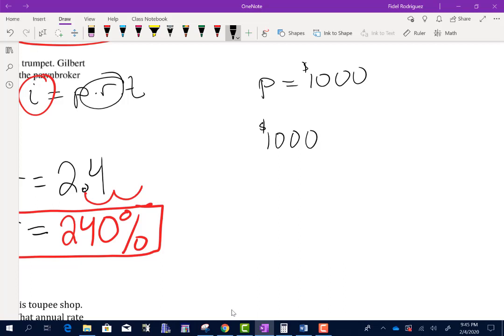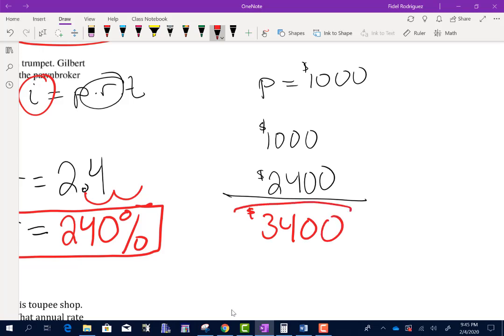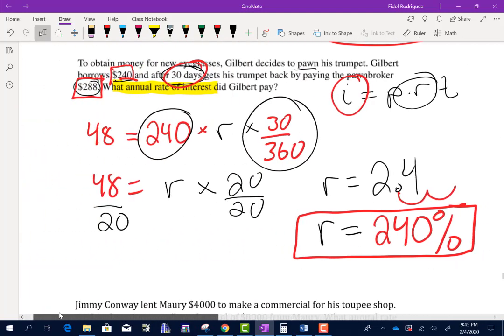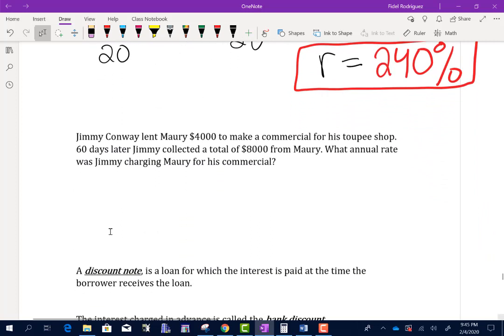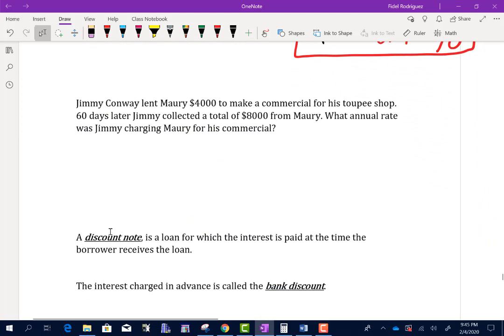In addition to those $1,000, the interest that you're going to give me is $2,400. That's just because I was nice enough to lend you $1,000 today. So the total that you would have to pay back would be $3,400. That's a lot of money, isn't it? So guys, no pawn shops, no payday loans, no title shops, right? Nothing like that.